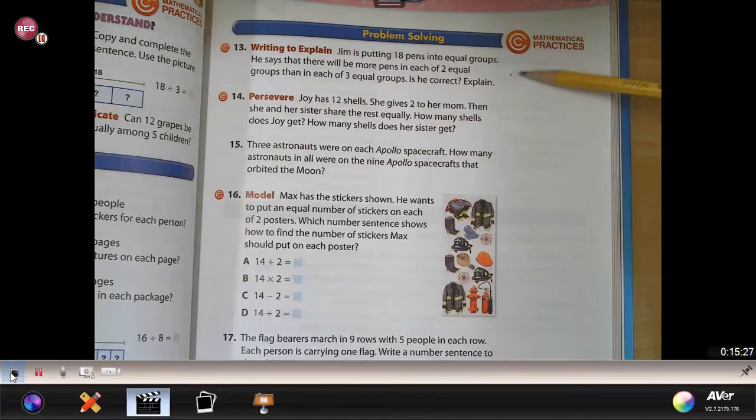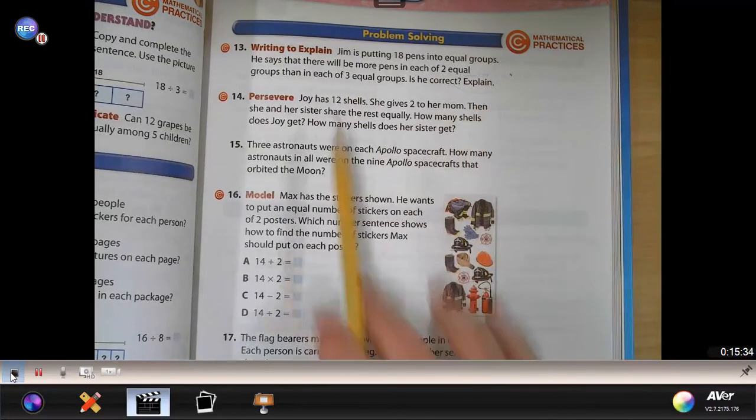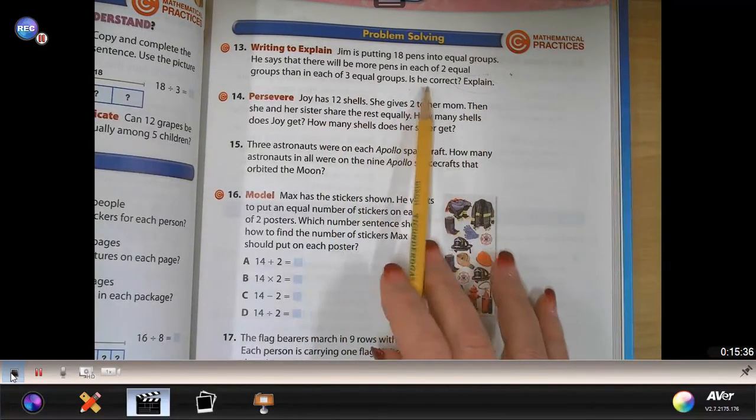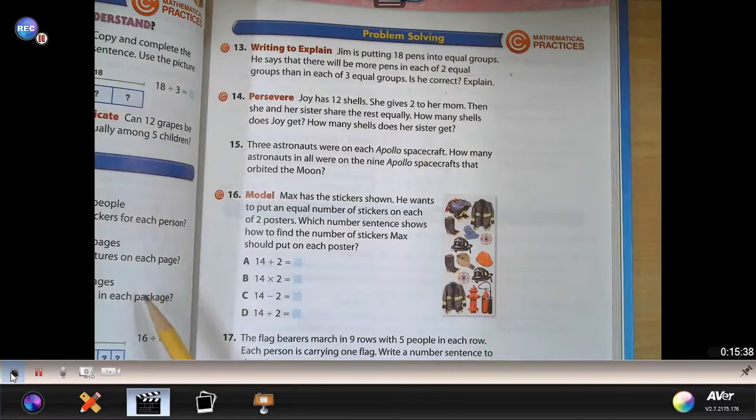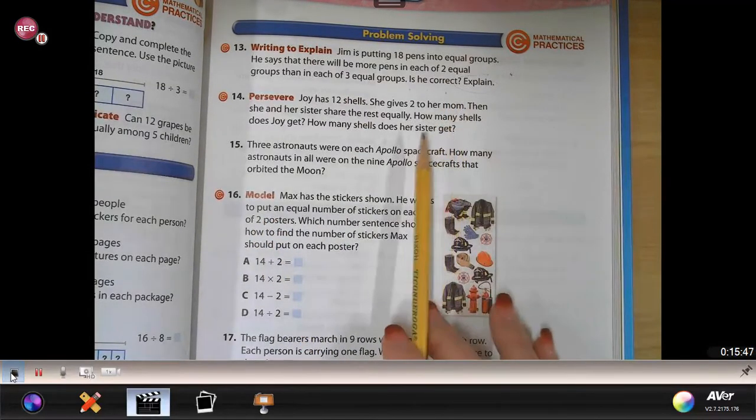So please make sure you're modeling your work by drawing and then explaining your work by using an answer statement. Is he correct? So this is going to be yes, he is correct, or no, he is not correct. And you need to make sure you draw a picture to help you.